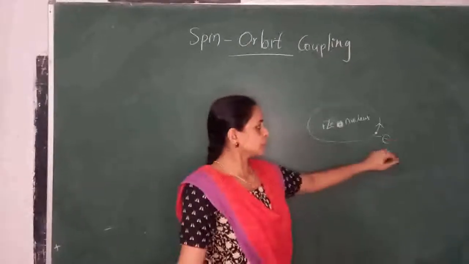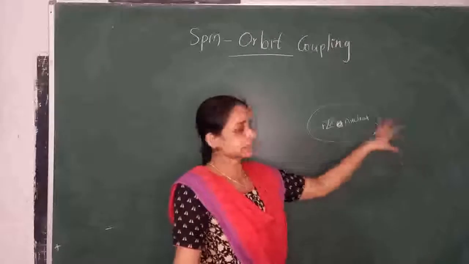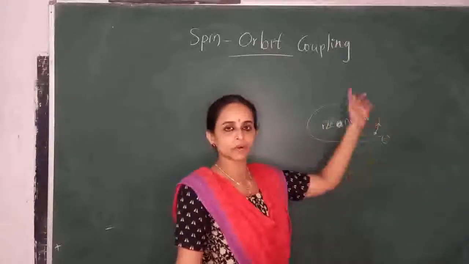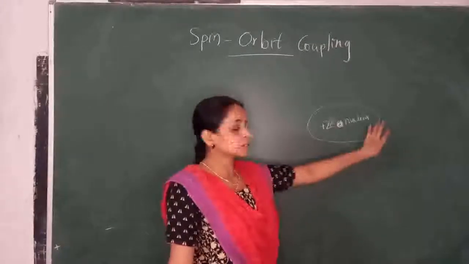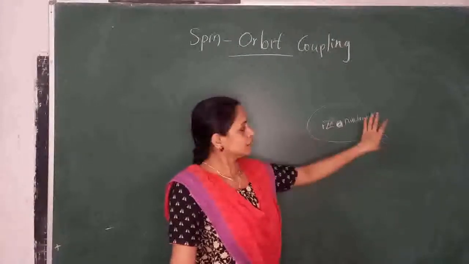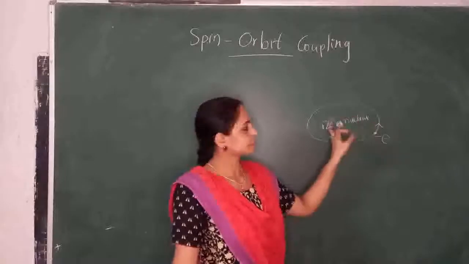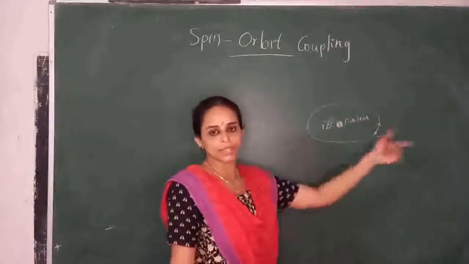With respect to the nucleus, the electron is revolving around the nucleus. But with respect to the electron, it can be seen that the nucleus is revolving around it.